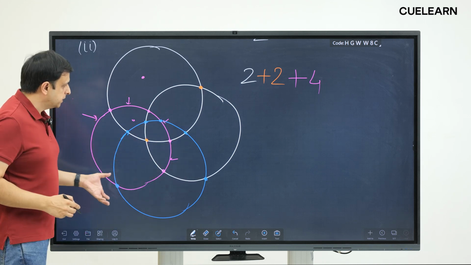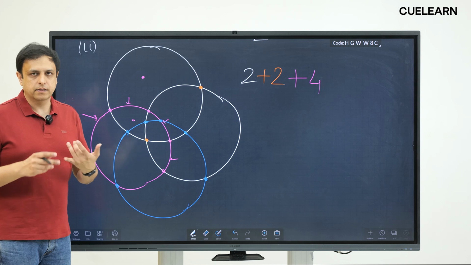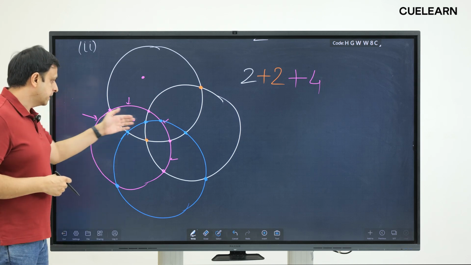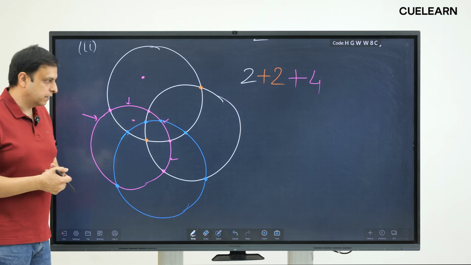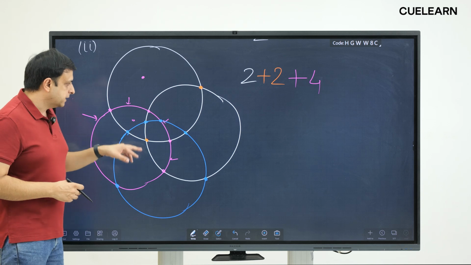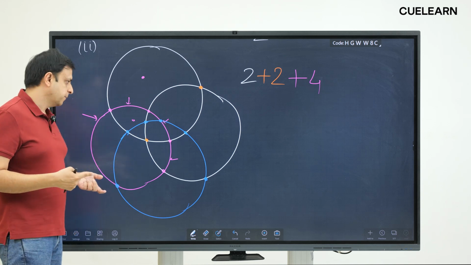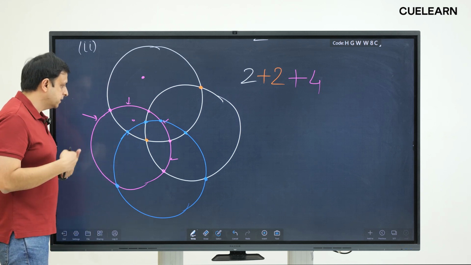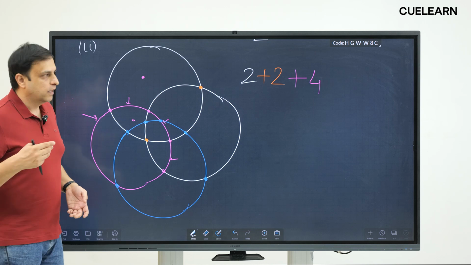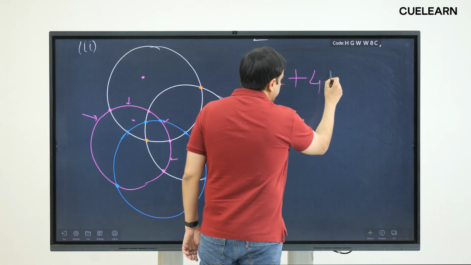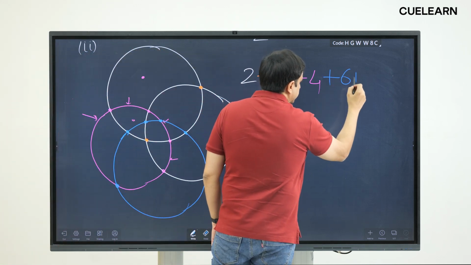So because the fourth circle is intersecting the previous 3 circles, it has 6 points of intersections with the previous 3 circles, and therefore it is getting segmented into 6 arcs, and each of those 6 arcs is increasing the number of regions by 1, and therefore the fourth circle is increasing the number of regions by 6.